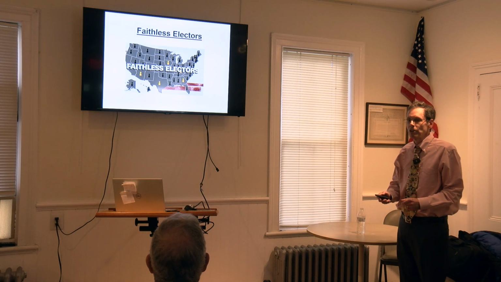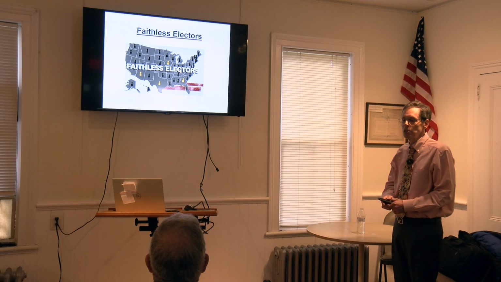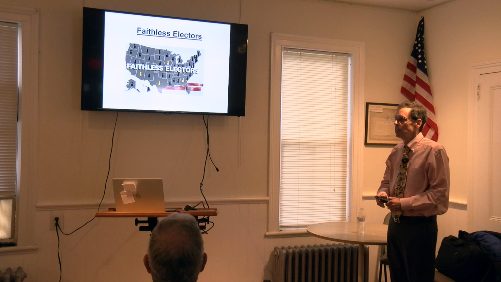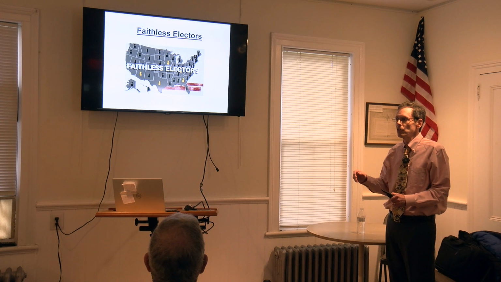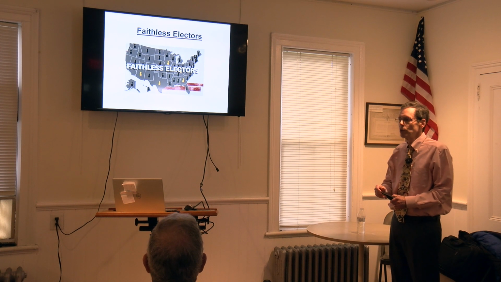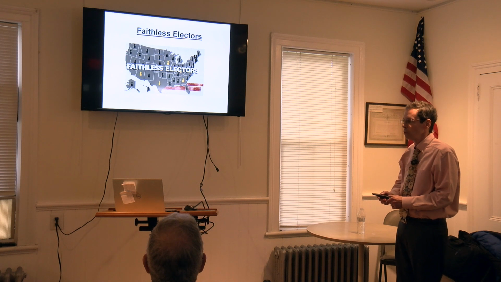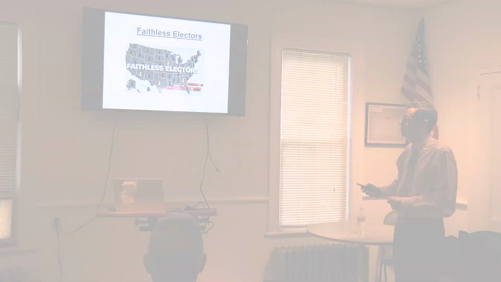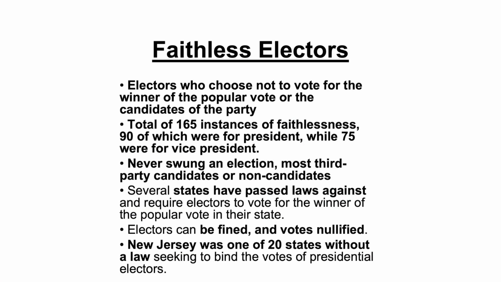Faithless electors. We've all heard about this term. In the last election, people were always looking for faithless electors, but they didn't really materialize. Where they really came out was in the 2016 election. But anyway, electors are chosen not to vote for the popular vote winner, but for who the candidate is.